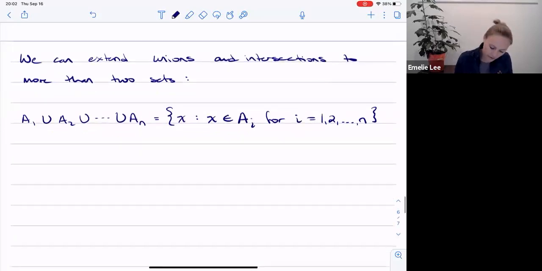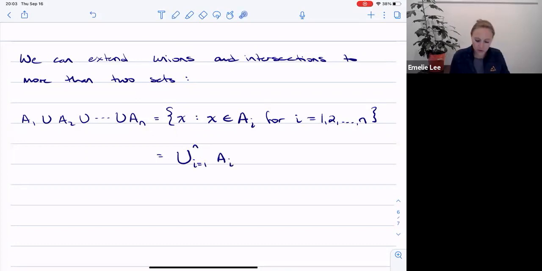We could also write that as a capital U, a big union from i equals 1 to n of A subscript i. So it's just saying, take the union of all the A's from A1 up to An, and collect all those.